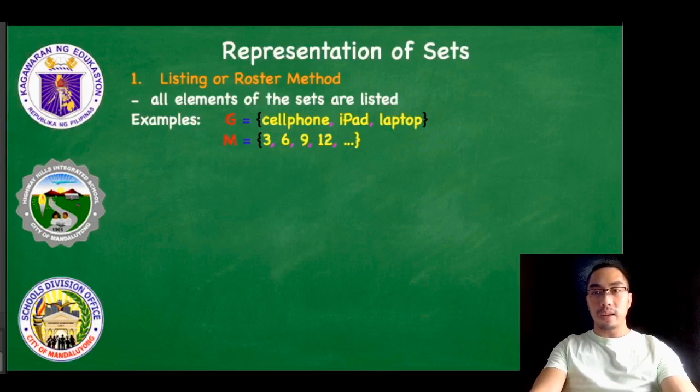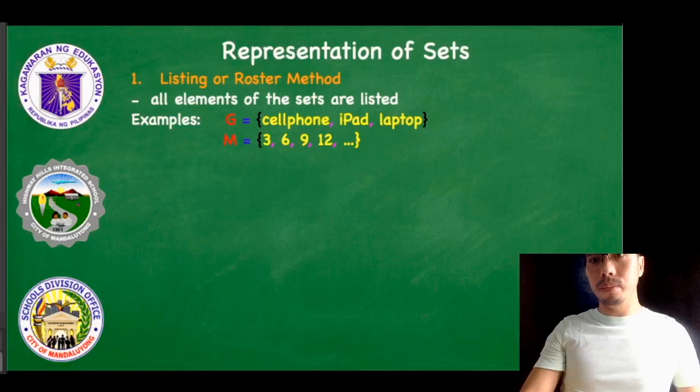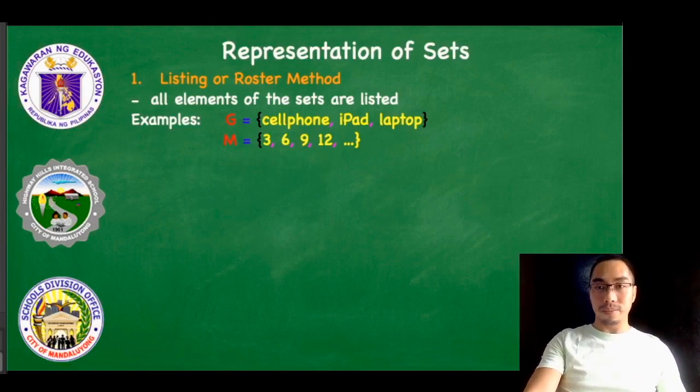So it says here that all elements of the set are listed. And here's the example. Set G, the elements are cell phone, iPad, and laptop. So they are all listed. Another example, set M, the elements are 3, 6, 9, 12, and so on. So these are all listed.